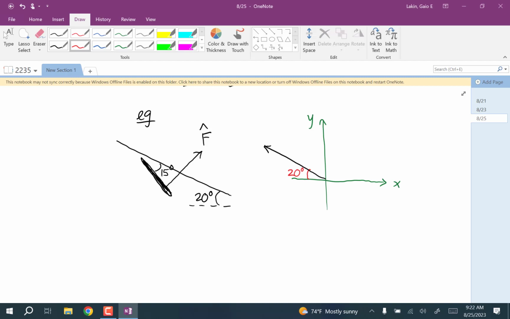Now, what's the next thing we know? We know that this slot makes an angle of 15 degrees with the wall. I'm going to do this the other way just because I think it makes it a little more clear. So for the vector with the wall, I'm going to choose this direction and call that 20 degrees, okay?